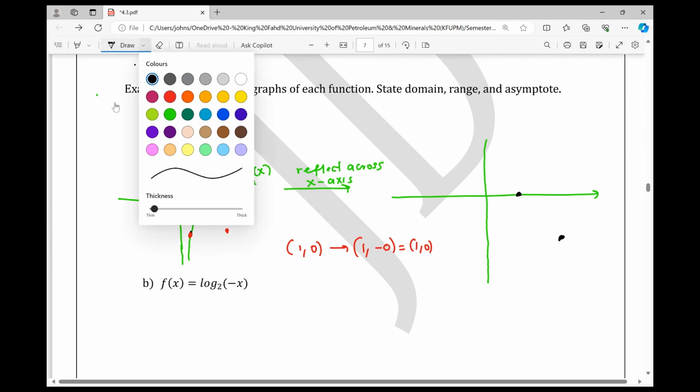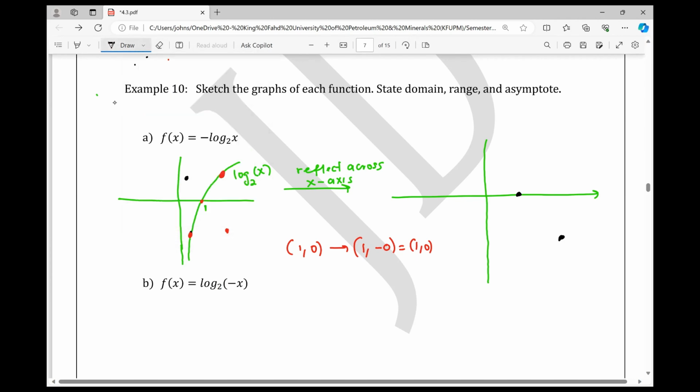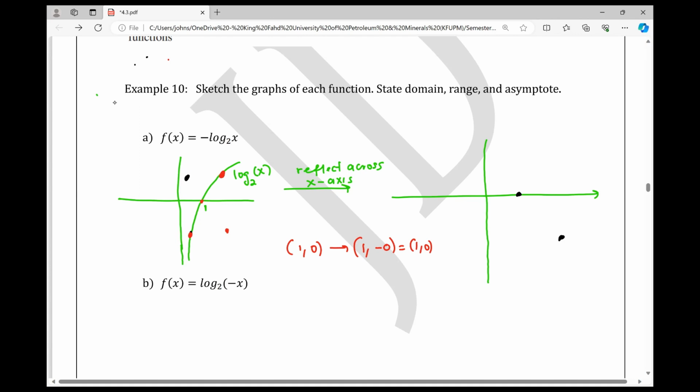So let me use this black one. It will go here, something like this. So that is the black one, and we can just write it like this.